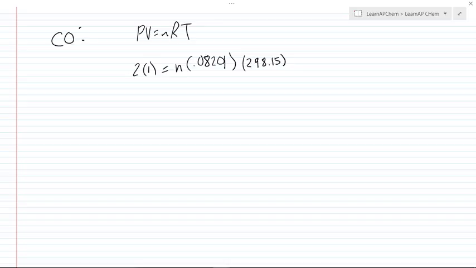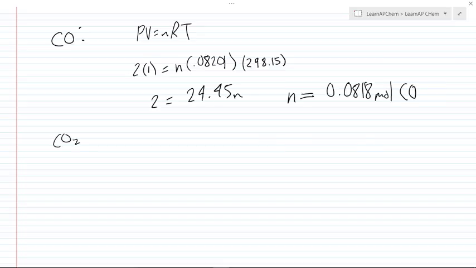Okay, so 2 equals 0.08201 times 298.15. This is 24.45. Solving for n, we get that we have 0.0818 moles of CO.